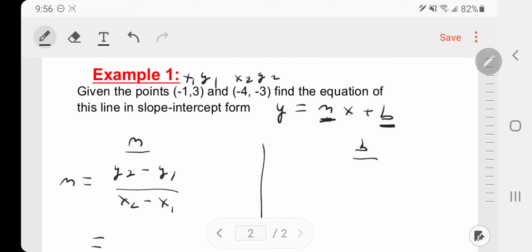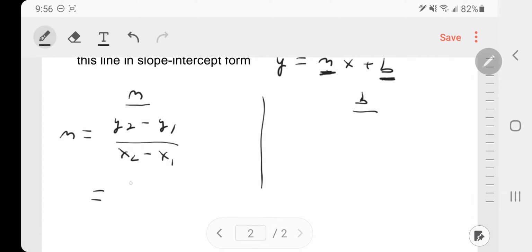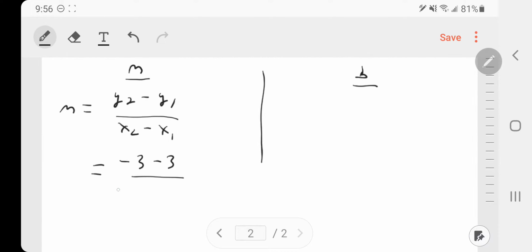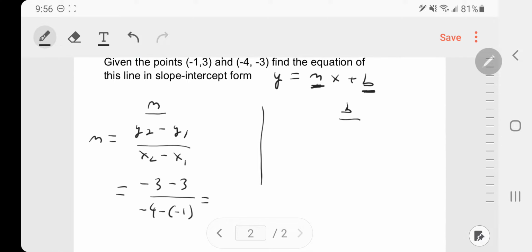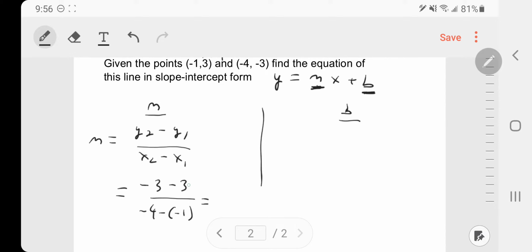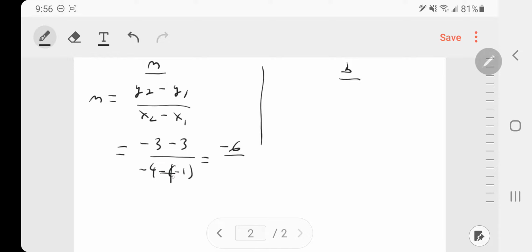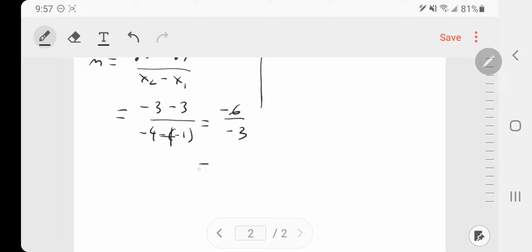So I have y2 minus y1, that's -3 minus 3 on top, and then I have -4 minus a -1 on the bottom, based off those points up top. -3 minus 3 gives me -6, and -4 minus a -1 becomes a plus, so we get -3 there. Reduce that, -6 divided by -3 is going to be 2.